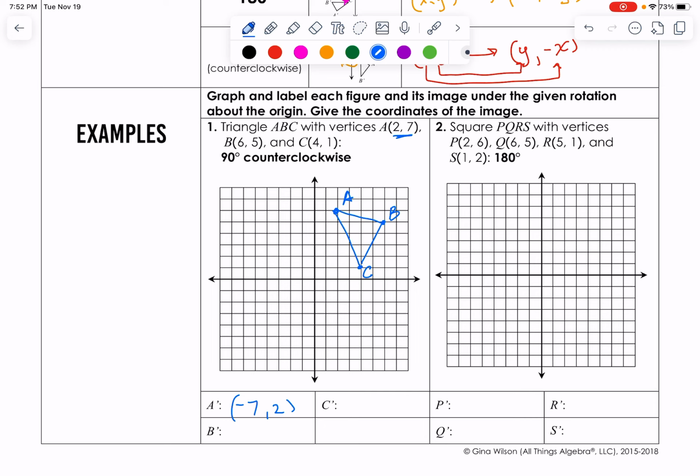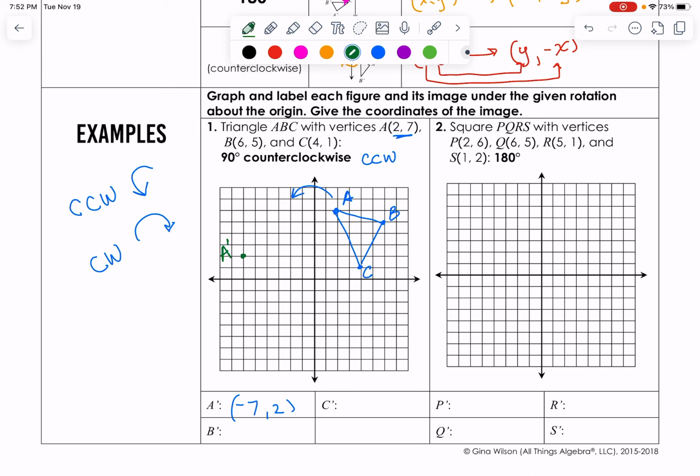So remember that counterclockwise goes against the clock, and clockwise goes with the clock. So this is counterclockwise. That means that I'm going to rotate that way. So when I put my points, negative 7, 2, that should be A prime.